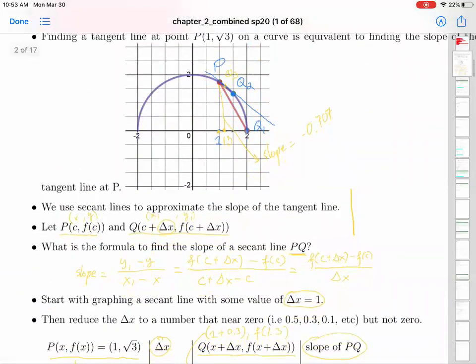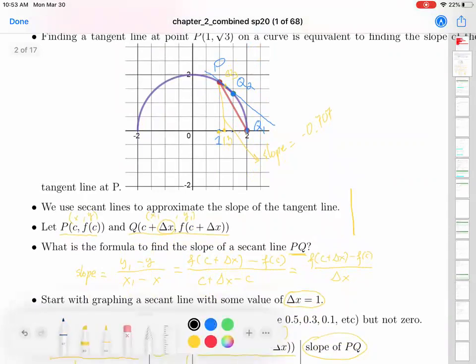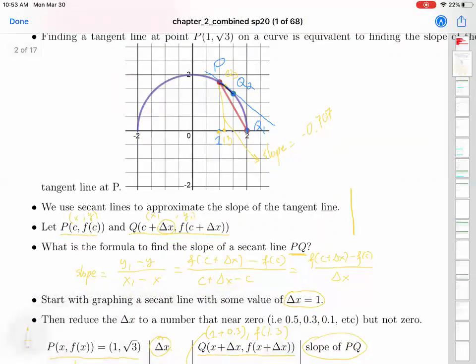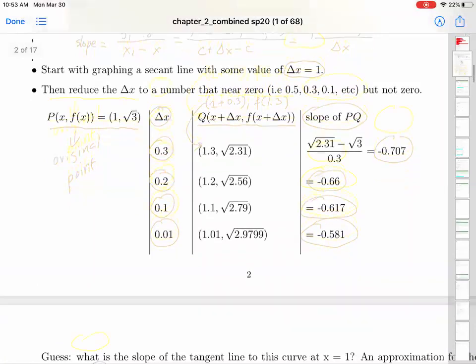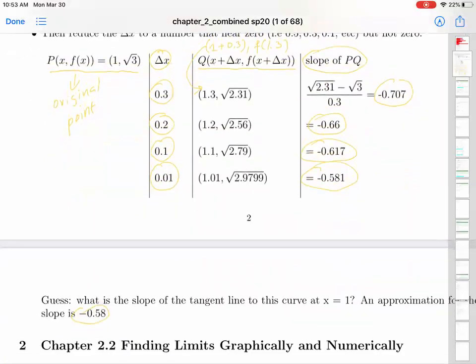The slope of the red lines here is steep on the negative side, and then eventually it goes up, and up again in order to match the blue line. So looking at this table, we can guess that the slope of the tangent line to this curve at X equals 1 is negative 0.58, which is our guess.